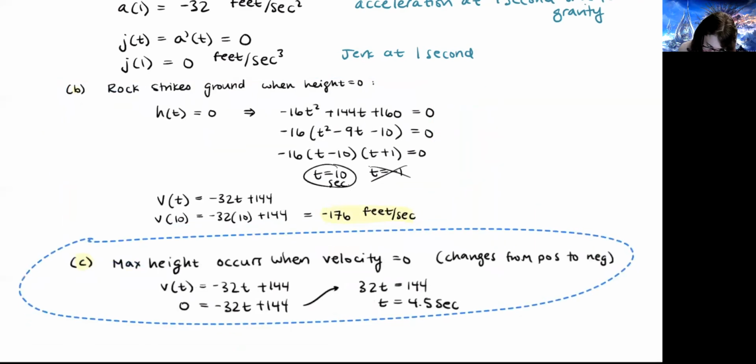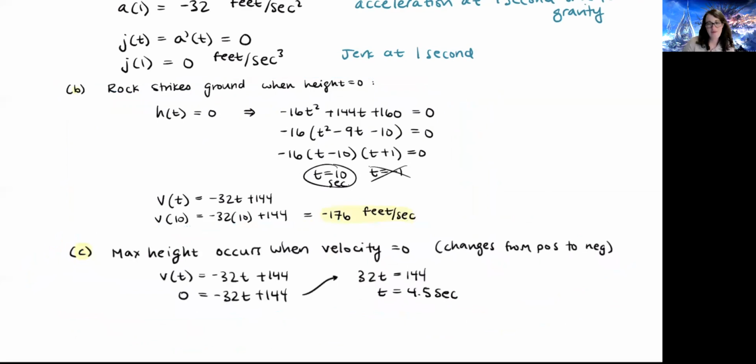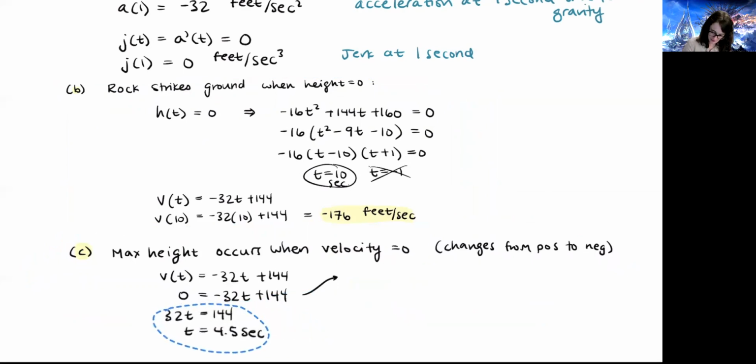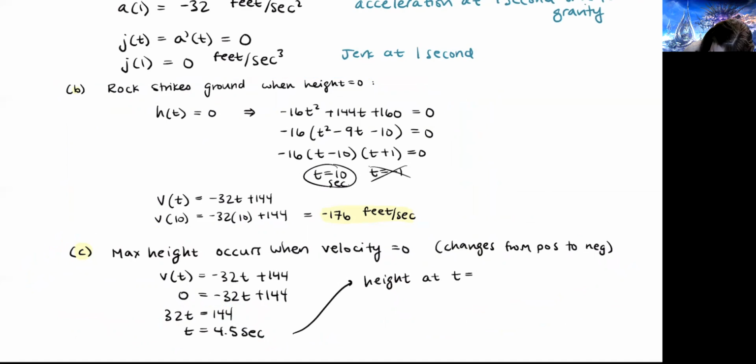Sorry, I'm always running out of a little space here. Virtual paper is great though, because you can just make things bigger or smaller. So let's put that over there. Now we want the height at this time.